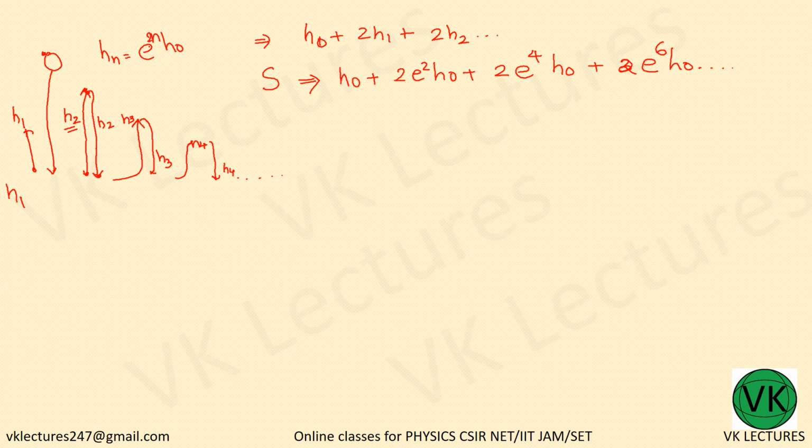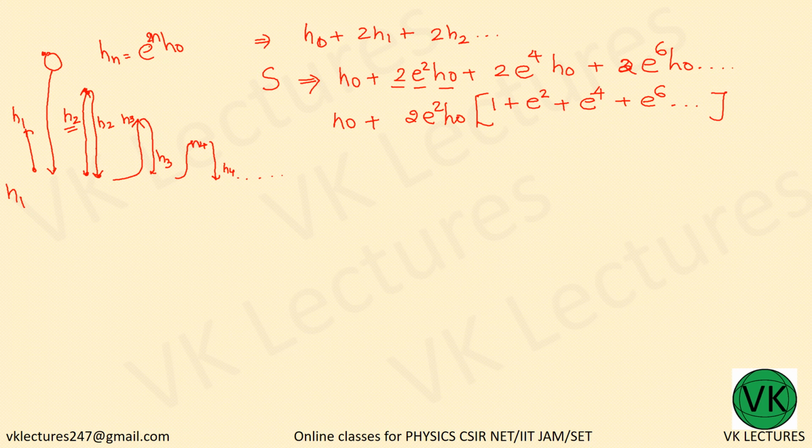So I am taking h naught plus 2e square h naught, with 2e square h naught as common. Then what I will do is just add the other things. This will be e power, this is square, 4, then e to the power 6, and it goes on, right?